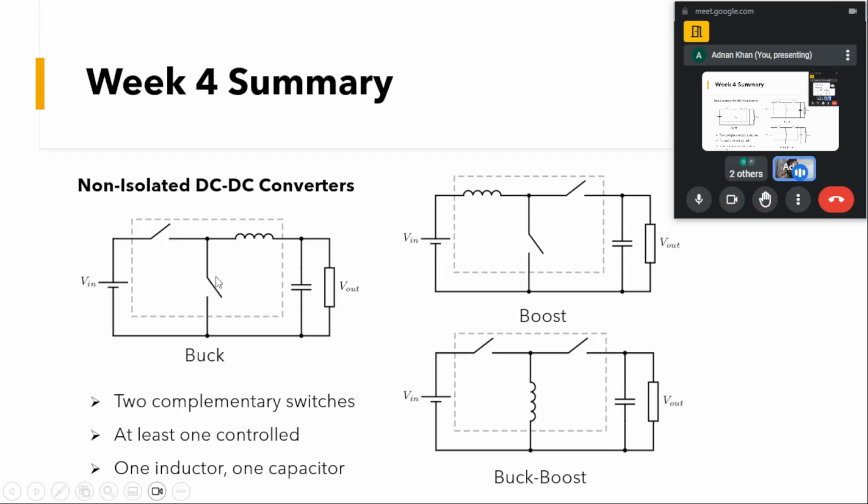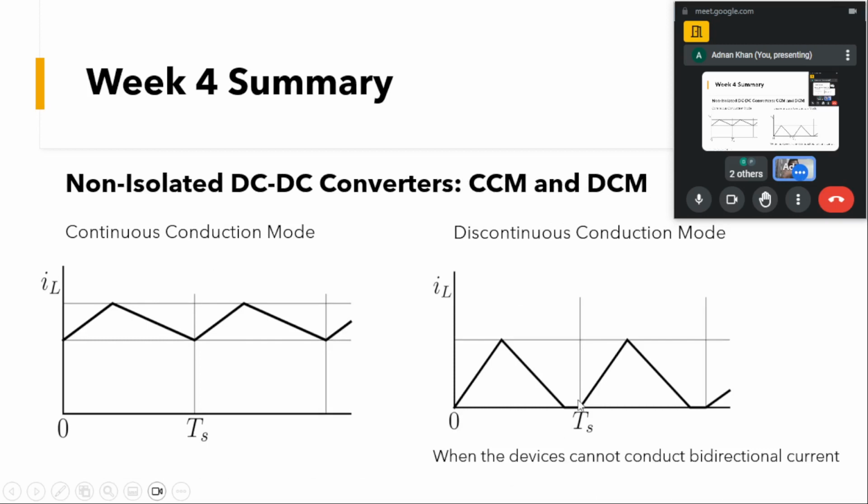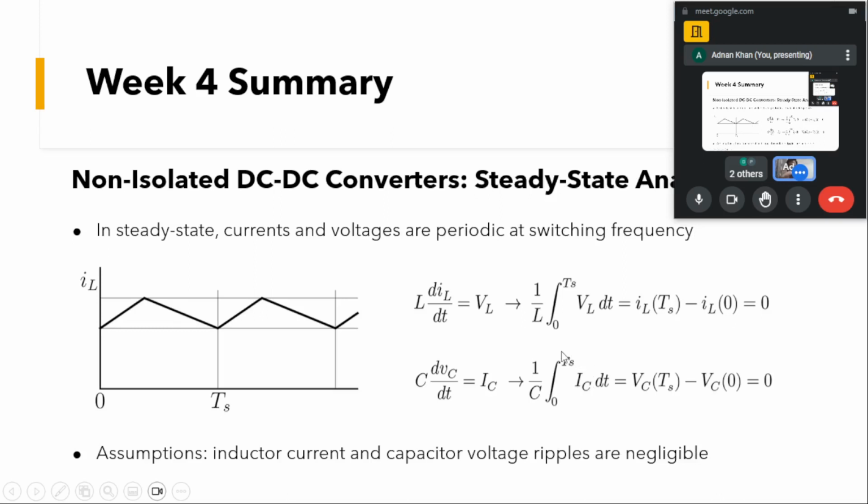So the current will remain zero for that amount of time. That is this duration. So to have this negative current, we need to have a bidirectional converter. This was about the conduction modes that can be there in the DC-DC converters. They can operate in the continuous conduction mode or a discontinuous conduction mode.